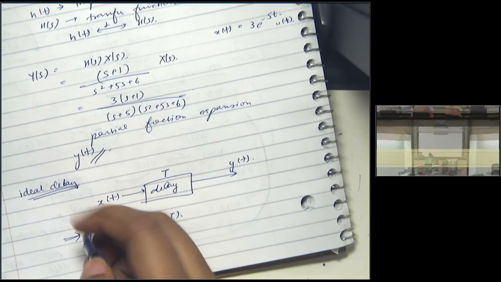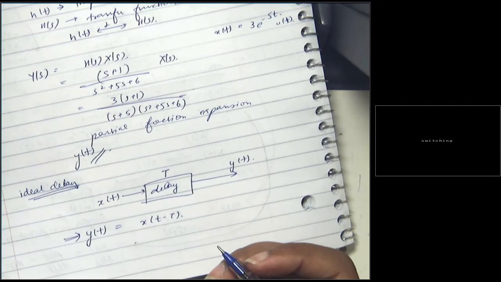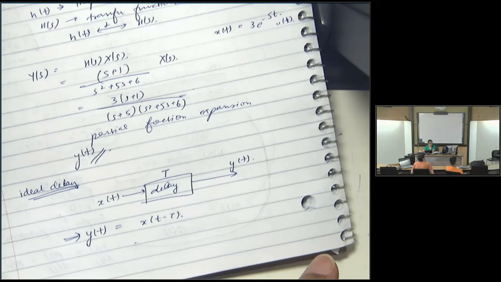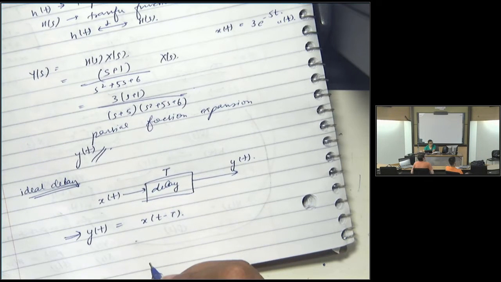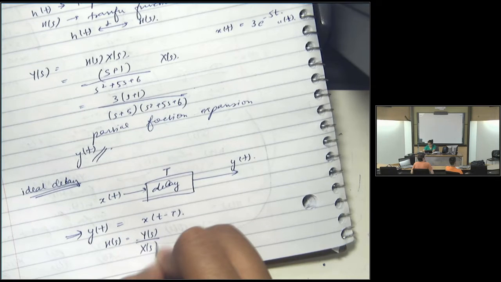So what is H of s in this case? You can find it from the information that I have given you. H of s, correct, is y of s over x of s.